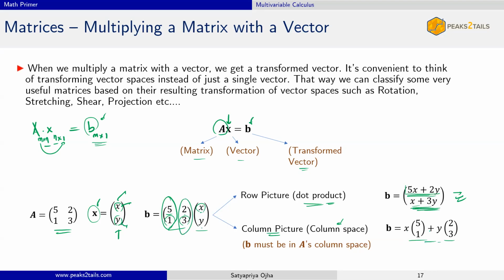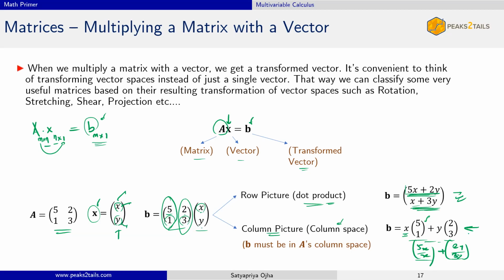Now just verify that these two are the same. If you multiply a scalar to a vector, the whole vector scales, right? So this will be 5x and x, and this will be 2y and 3y. And then you add. If you add two vectors, it's just 5x plus 2y and then x plus 3y. Same thing, but the representation is different.